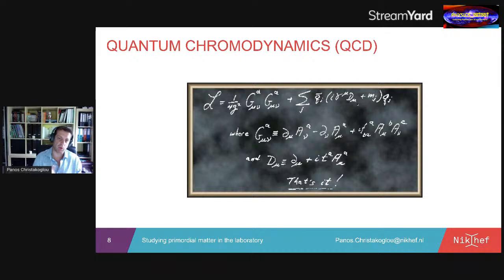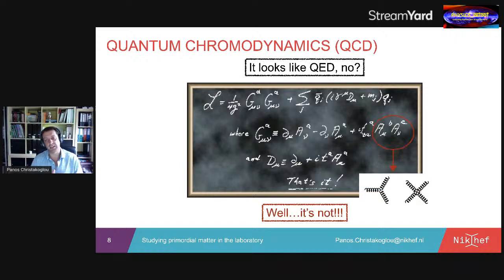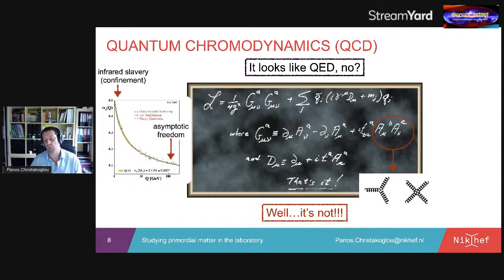And if you compare it with QED, quantum electrodynamics, the quantum field theory that describes the electromagnetic interactions, you will see that the 2 are very much similar. However, there are hidden differences, which I'll try to highlight here. One of them comes from how this field tensor looks.